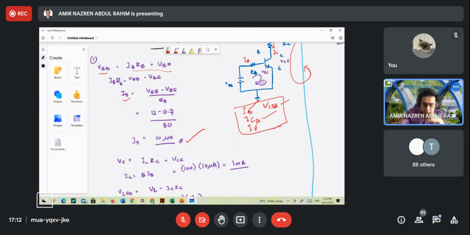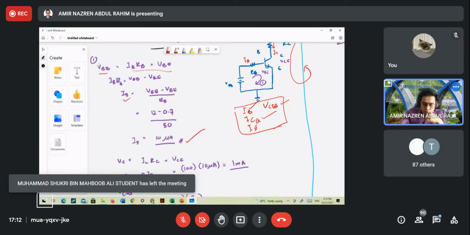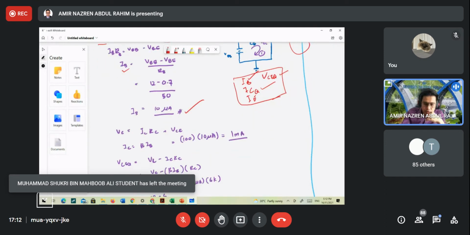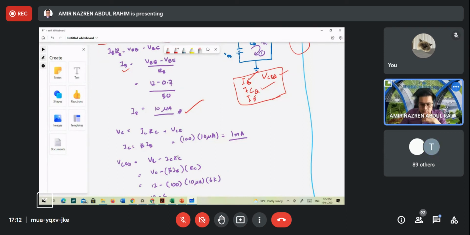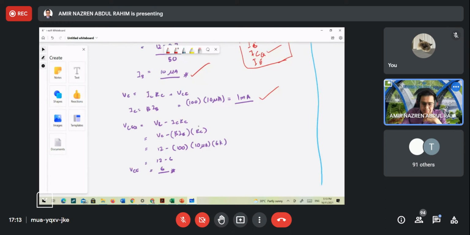We have no RE, so we just leave it. VC equals IC RC plus VCE. As we already know, IC equals beta IB, because beta is already given, beta equal to 100, so we can find IC. IC equals beta IB, and we already know IB, so we get 100 times 10 microamp, so we get 1 milliamp for IC.